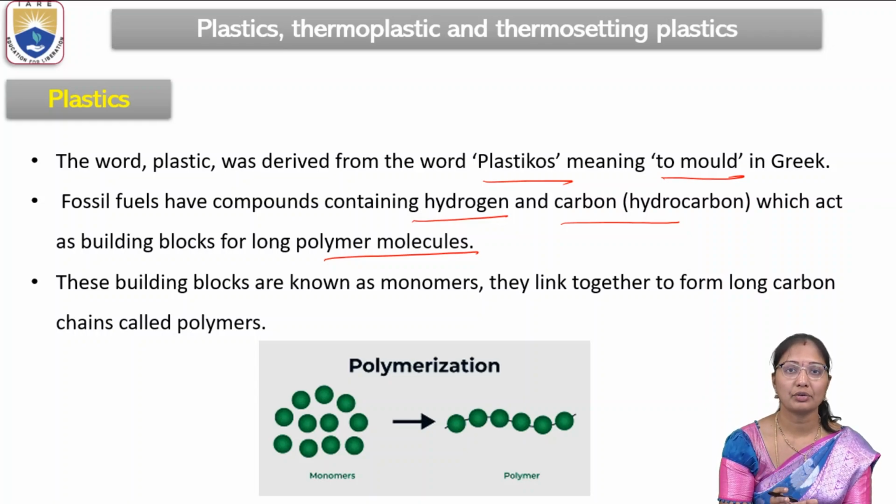So polymers are nothing but hydrocarbon chains. They join together and result in the formation of a polymer. These building blocks are known as monomers, and they link together to form a long chain called a polymer.